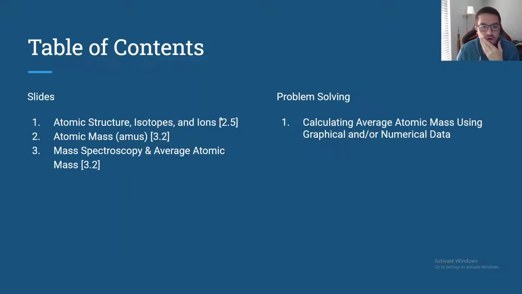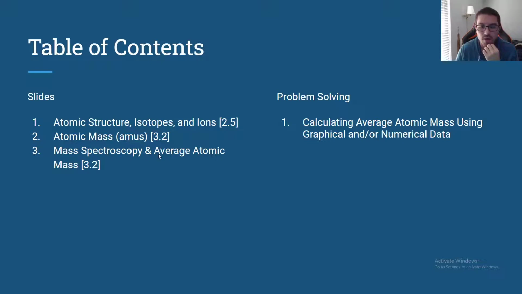Okay, so what we're going to be doing today is talking about atomic structure, isotopes, and I'm going to make a brief mention about ions. I'll explain what AMUs are, atomic mass units, and then we're going to get into some of the details of mass spectroscopy.